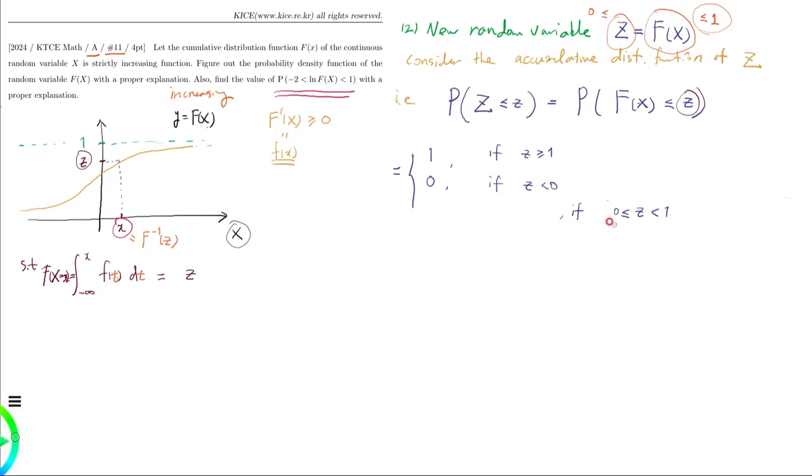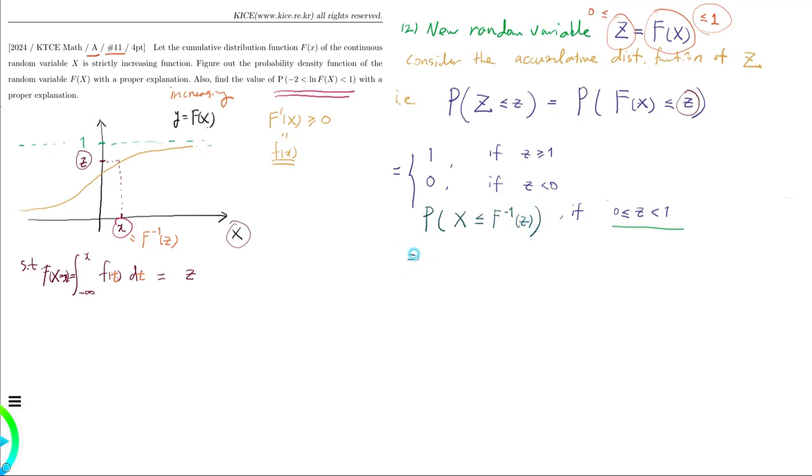So when z lies between 0 and 1, the probability will be the same as when capital X is equal to or less than capital F inverse of small z here.